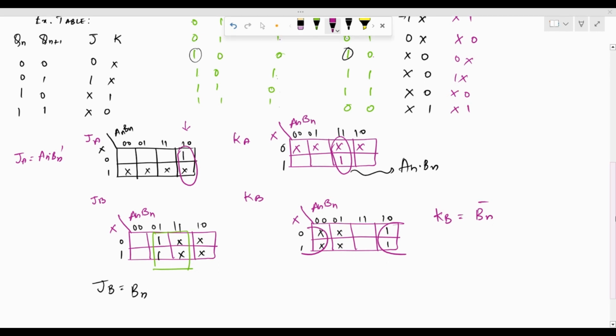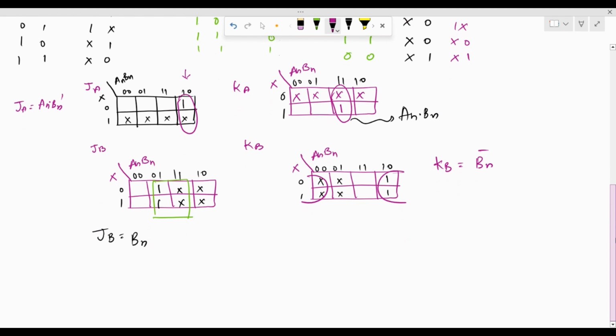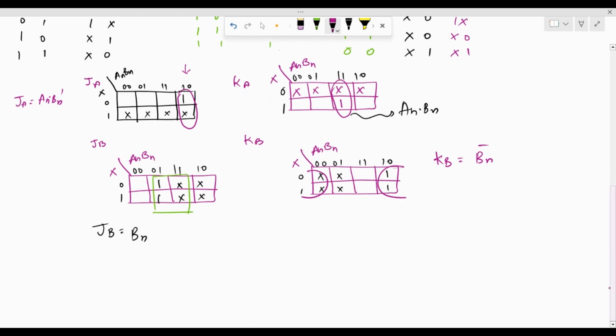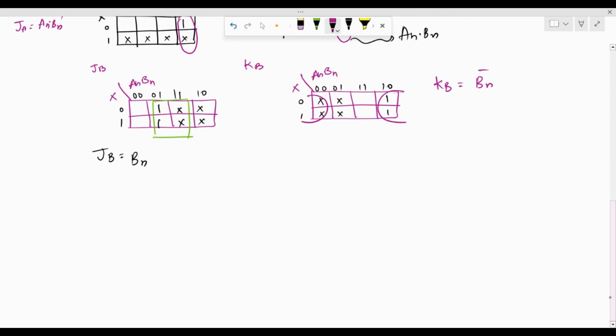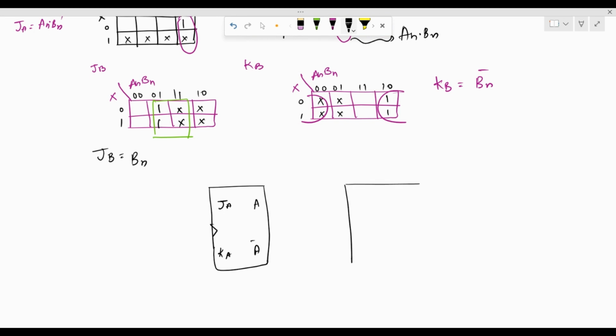So having known the expression for JA, KA, JB, and KB, we can now implement it using the flip flops. So this is going to be flip flop A with JA, KA as my inputs, A bar as the output with the clock, and this is going to be the second JK flip flop, JB, KB, with B bar as the outputs and the clock.